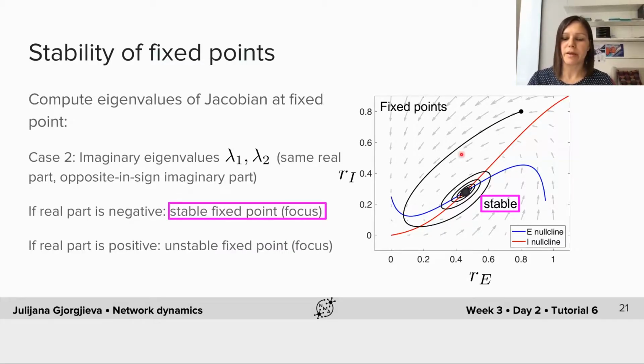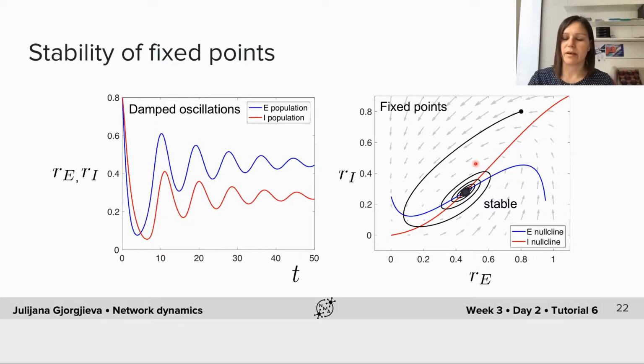And not shown here is a different scenario where the real part of the eigenvalues can be positive, in which case the fixed point is unstable and is known as an unstable focus. Now, just like what we did for the other types of fixed points that were nodes, where we didn't have this oscillatory dynamics, we can also visualize this trajectory in the activity versus time plane.